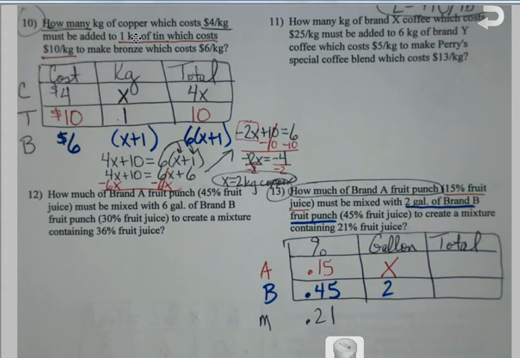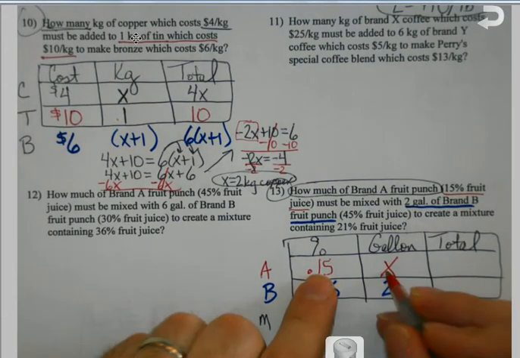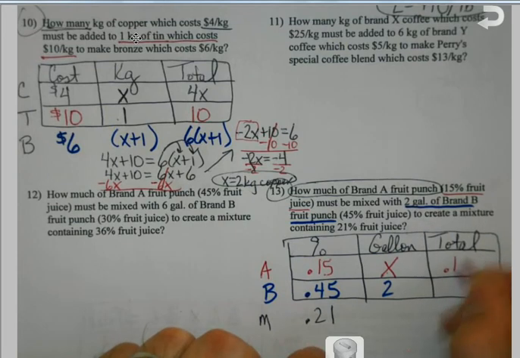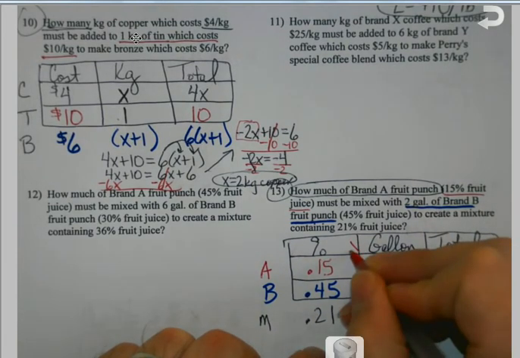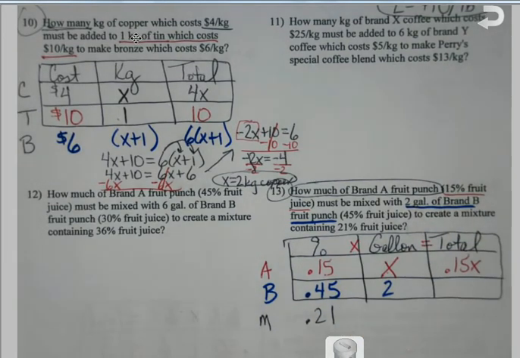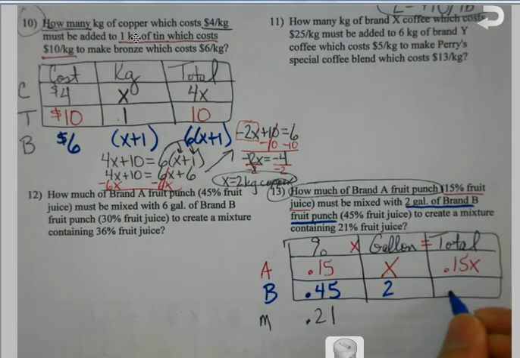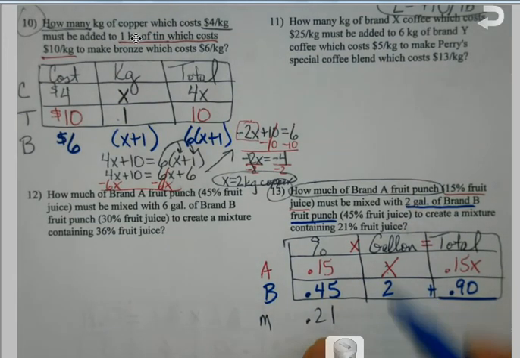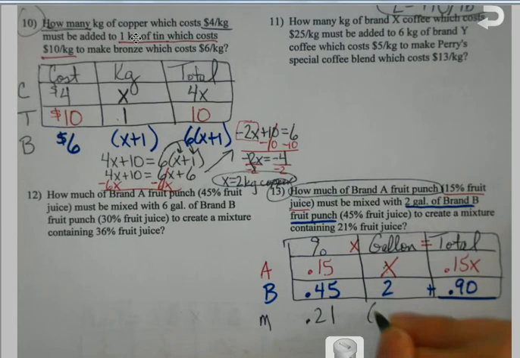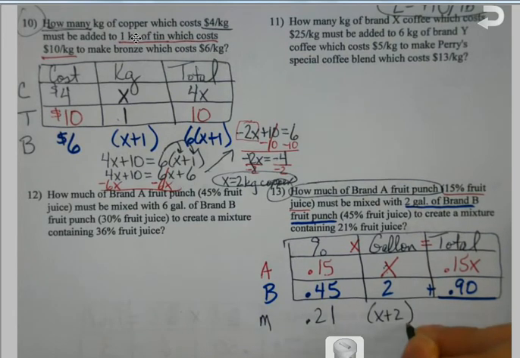So this is going to set up similar to what number 10 did. I'm going to multiply those together, because it's always multiply and then equals. 0.45 times 2 is 0.90. And then again, to figure out my mixture, I'm just going to add up my gallons.